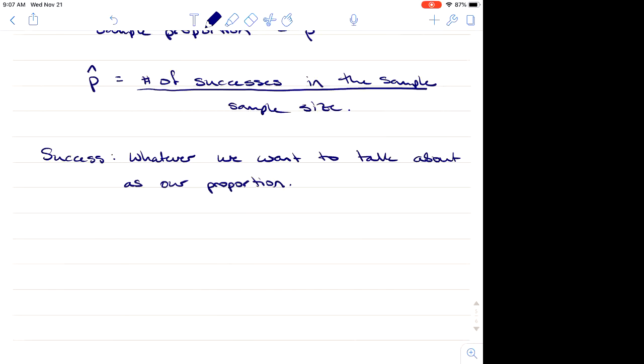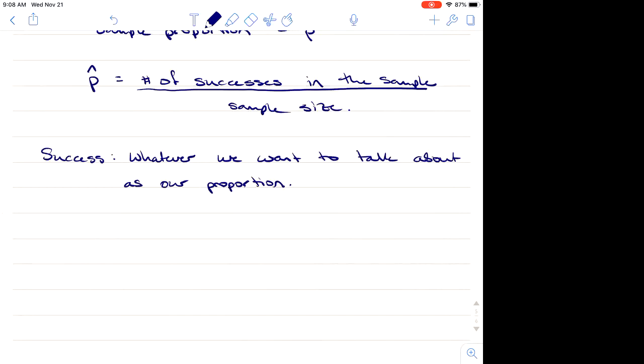A pretty cool thing is that proportions will follow a normal distribution. What? That makes no sense. It's true. Proportions will follow a normal distribution, but there are some assumptions that we have to check. I haven't made you check any assumptions, because I find that kind of bogs you down a little bit. But for proportions, we will have to check assumptions just because it is important.